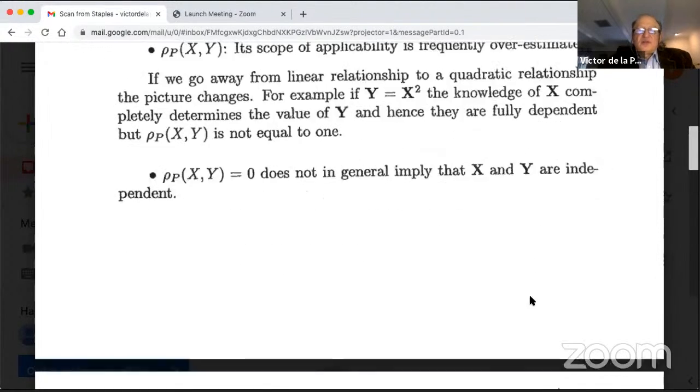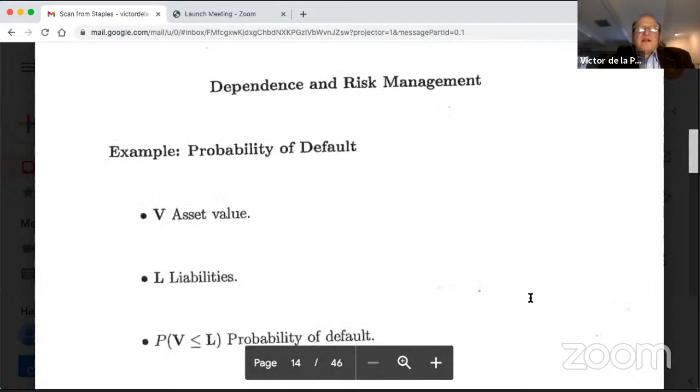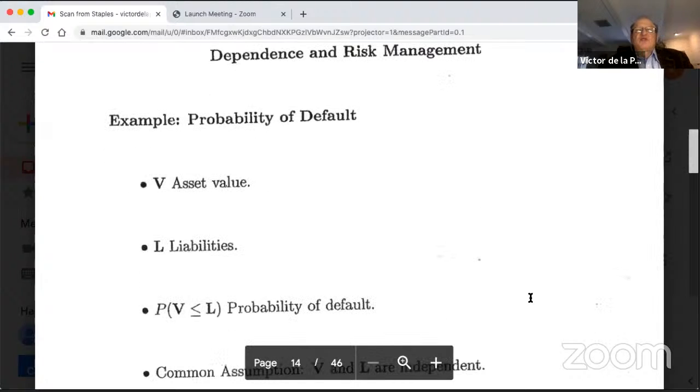Okay, so let's go to the next. Now, as I told you, I wrote this for bankers, so I am giving you examples in banking, but you can think of this as equal. Copulas are just beginning to be used.